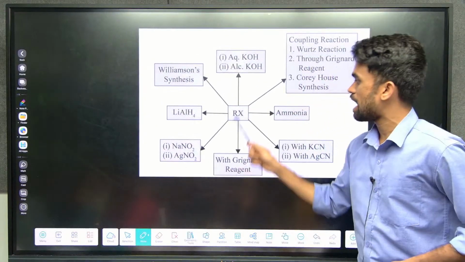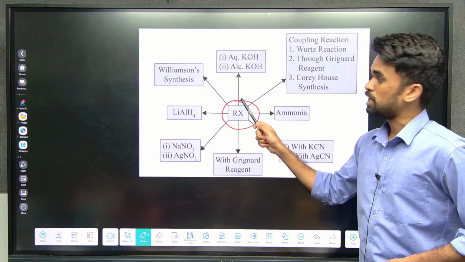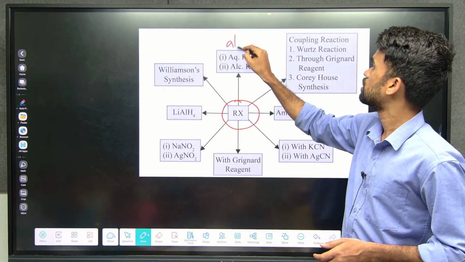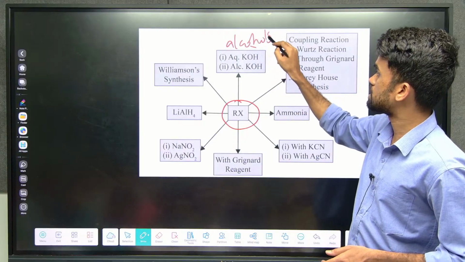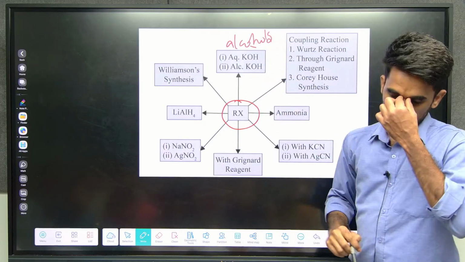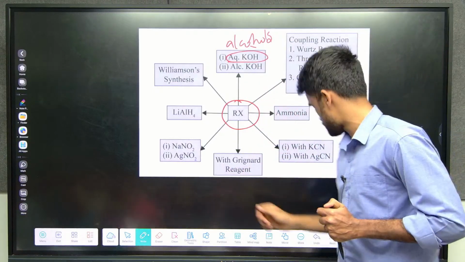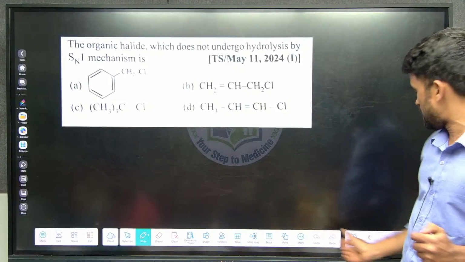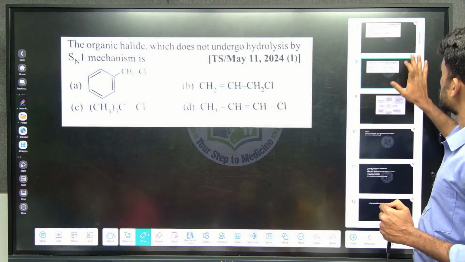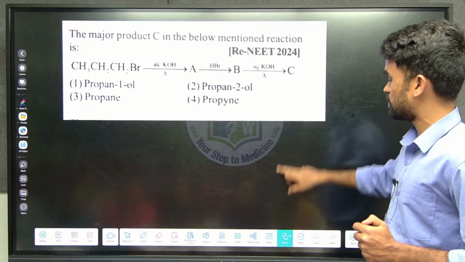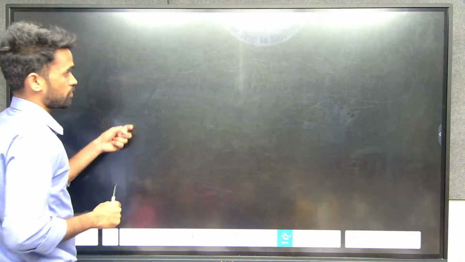Alkyl halides like haloalkanes can be converted into alcohols using aqueous KOH. Before doing these chemical reactions, let me explain SN1 and SN2 reactions so that you will understand each mechanism whenever I say SN1, SN2.